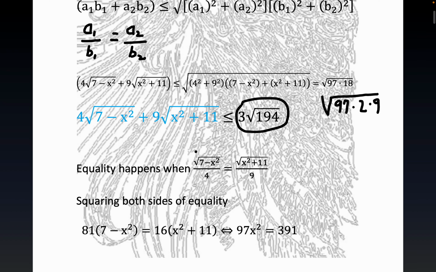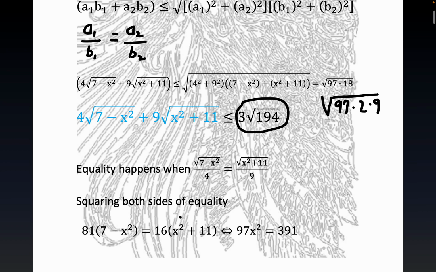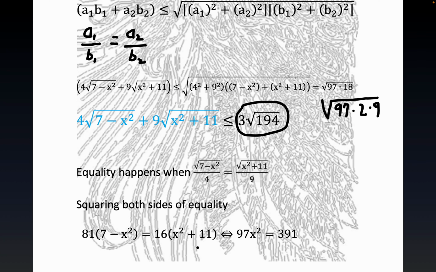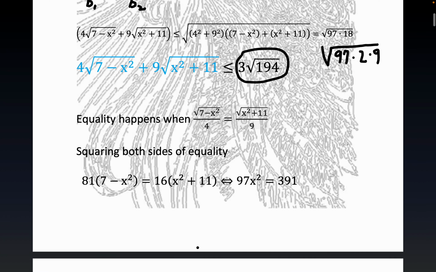You see, exactly according to this convention, or this truth, it's a provable result, and the proof's not that hard, that equality happens when these ratios are equal to each other. If you square both sides and cross multiply, you end up with this statement right here.